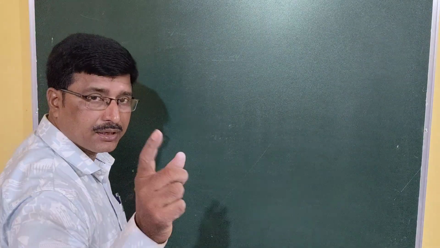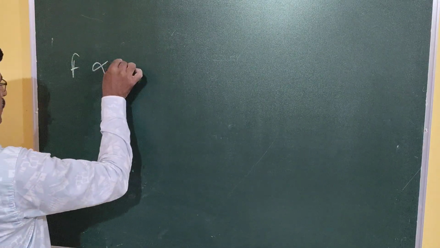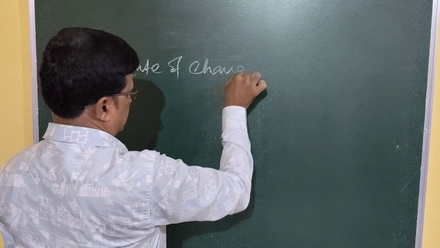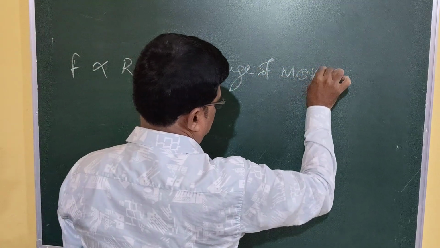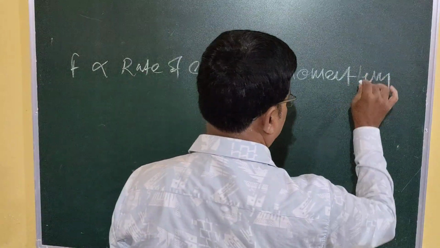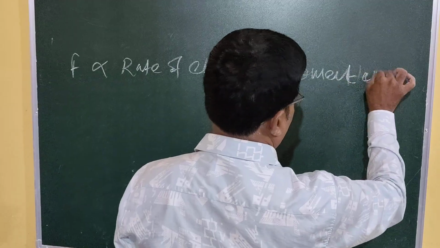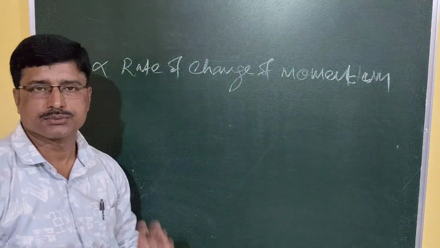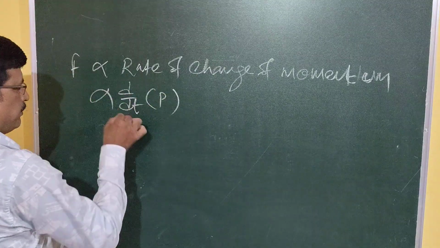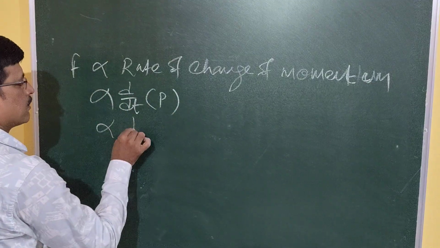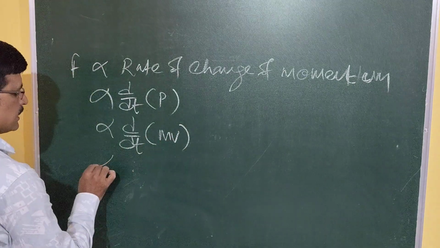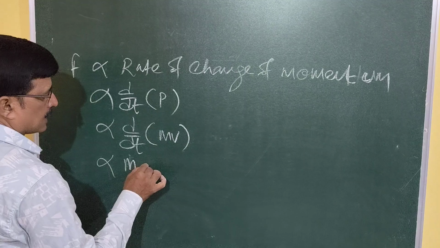Rate of change of momentum, that means F is proportional to the rate of change of momentum. That means F ∝ dp/dt, where p is the momentum, equal to mass into velocity. So we can write it as F ∝ m dv/dt, with mass constant taken outside.